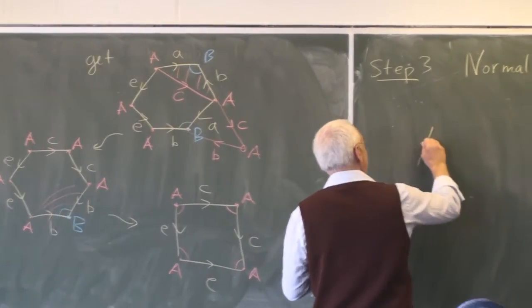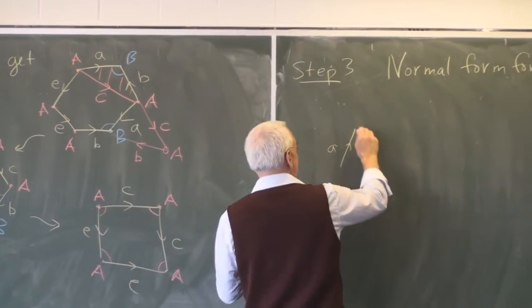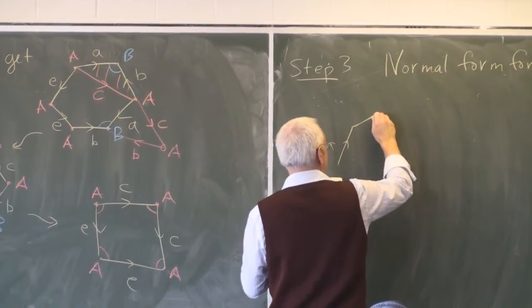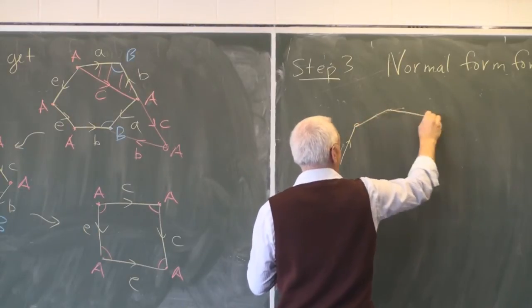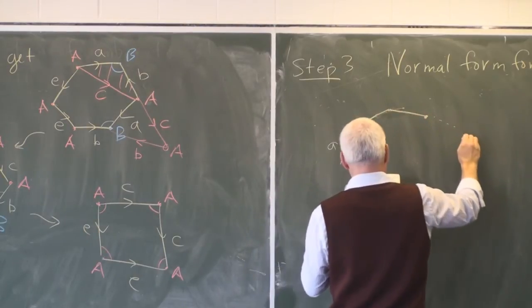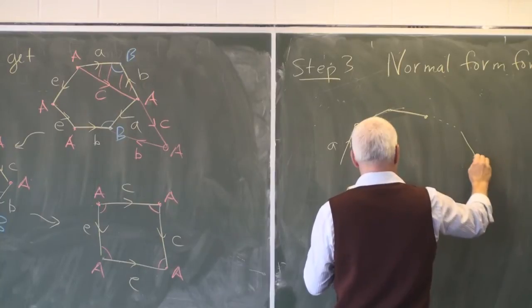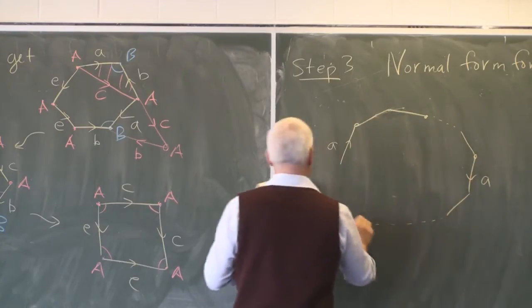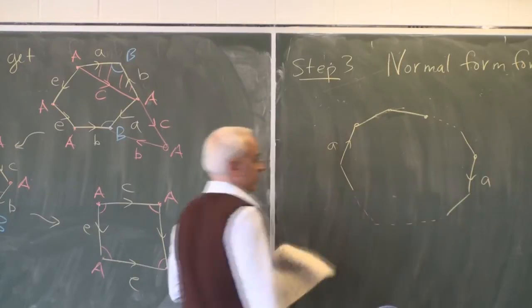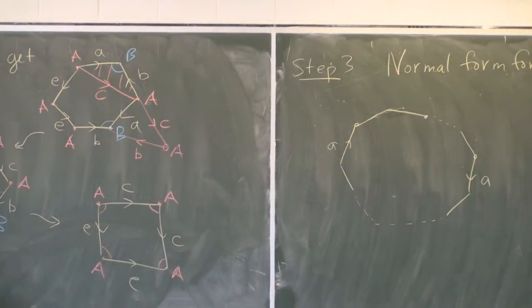So we assume we have an edge, and then we have some other ones. Okay, we don't really care what it is. And then we have another edge, A, and then some more stuff. Very general.